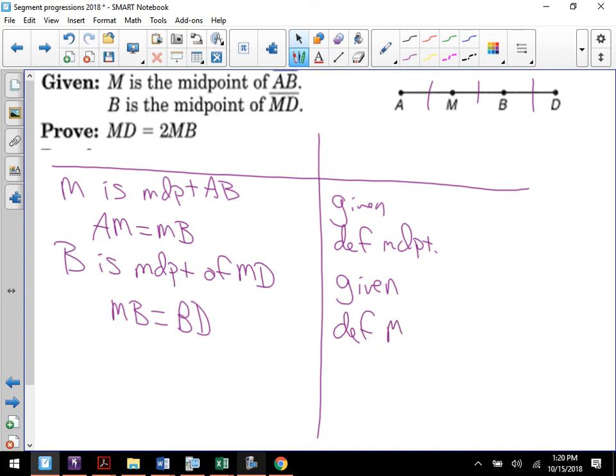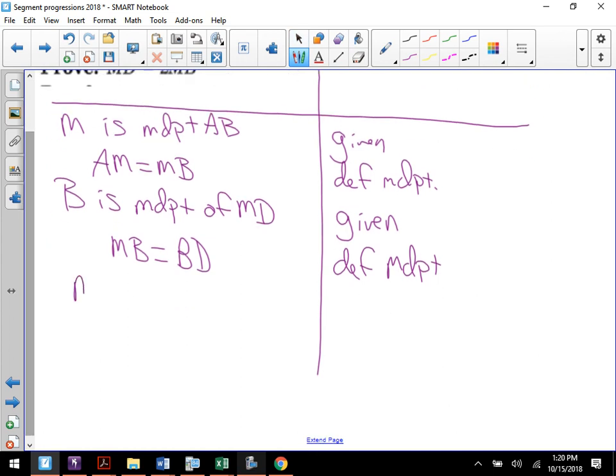What do you think? Before we run out of time here, look at what you have to prove. You have to prove something about MD. According to your picture, what is MD made up of? So what can you say? What do you do?